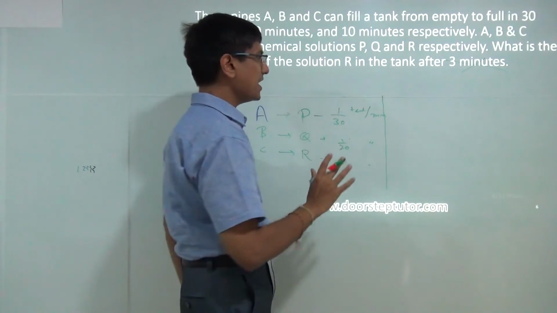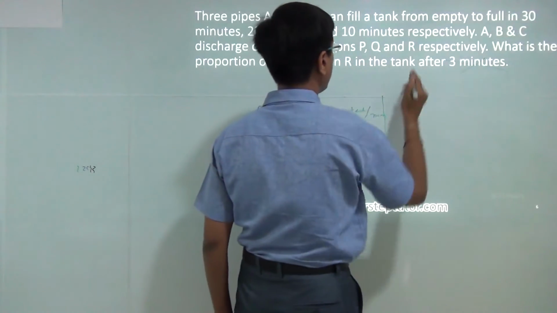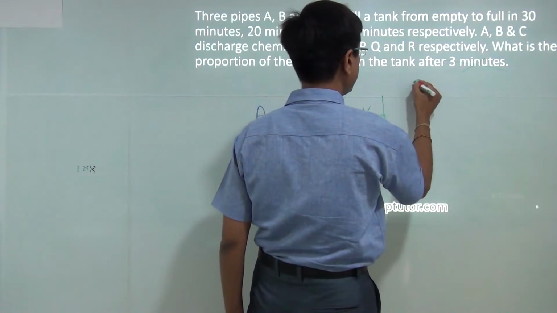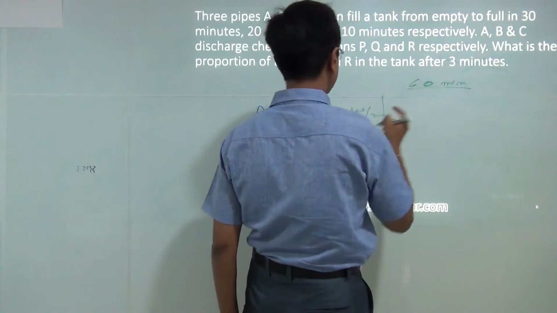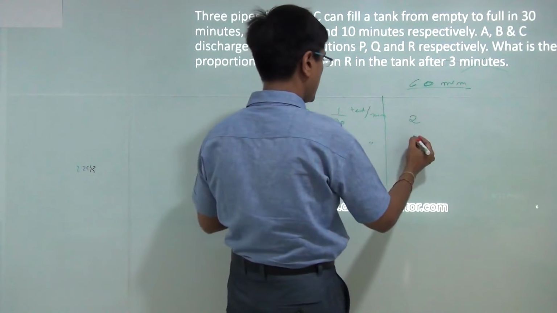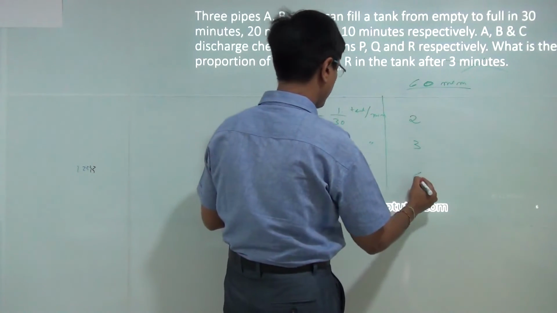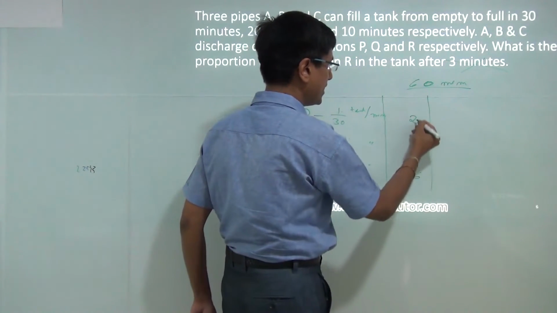Now as soon as we realize this, our problem becomes very easy. The LCM of 30, 20 and 10 is 60. So let's see what happens in 60 minutes. In 60 minutes, I would have 2 tanks full of P, 3 tanks full of Q, and 6 tanks full of R. What is the total number of tanks I have? 2, 5, 11.